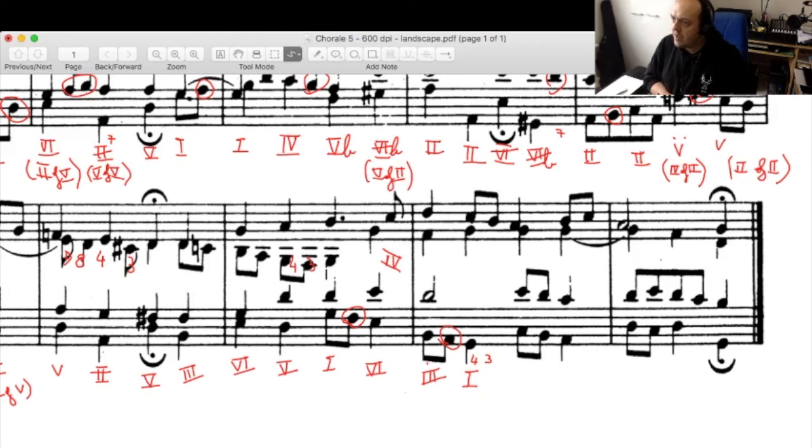Then what do I have? Chord 2, 7 in first inversion. Now, does this give me some kind of chord? No, that's not complicated. B minor 7 with what?